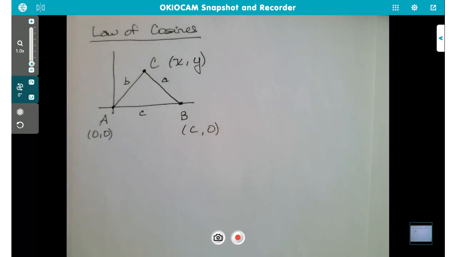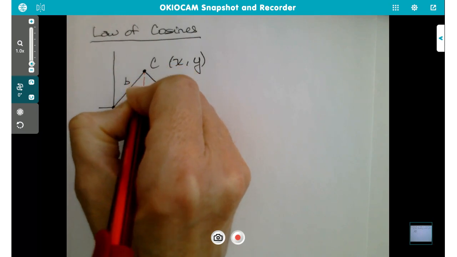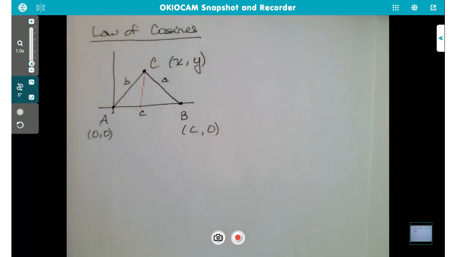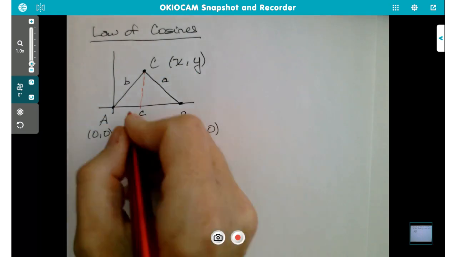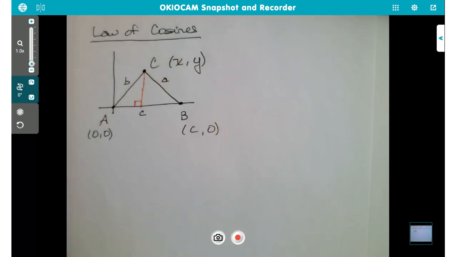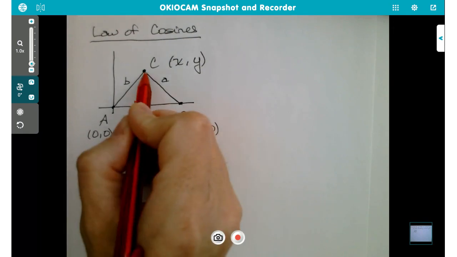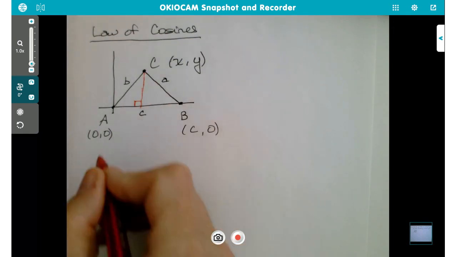I want to put an altitude in here. So I'm going to go from angle C down to the opposite side. By definition, an altitude makes a right angle with the side that it runs into. So I have this altitude that goes from point C down to the x-axis.